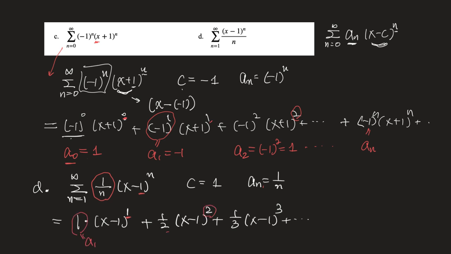Here the power is 2, coefficient is A2. Power is 3, coefficient is A3, guys. The power 0 is the constant term, which means A0 is 0, guys, okay? So the coefficient is related to the power of x, then you're going to find the general term right here.